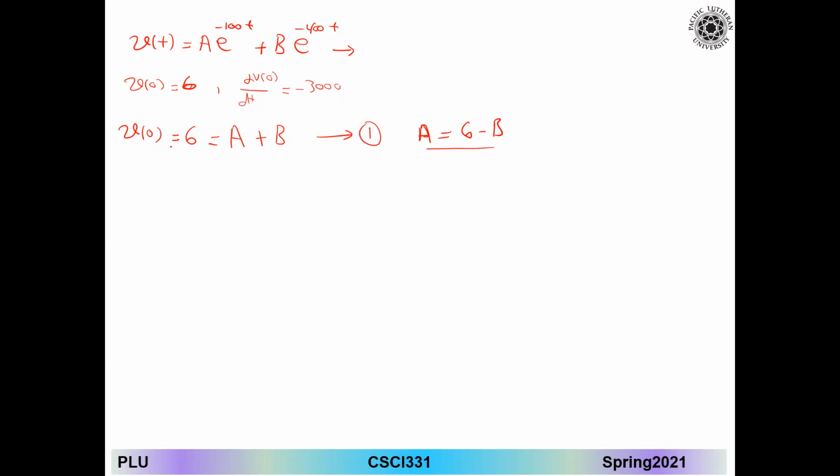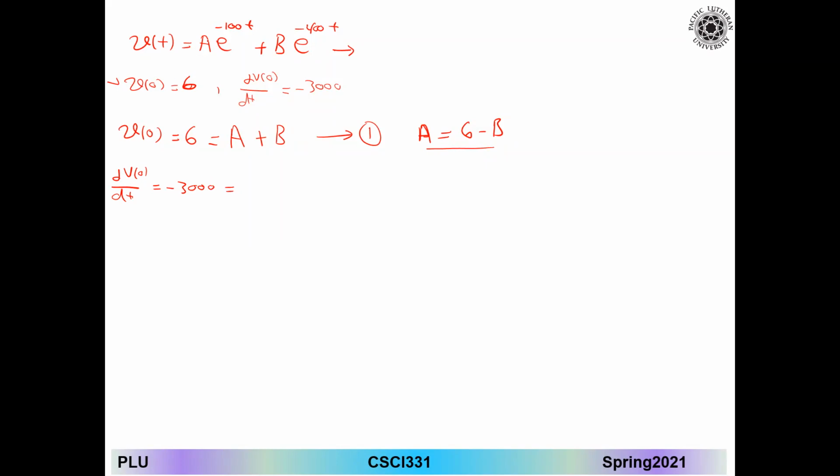Second one here, guys, I have this first one. I cannot find my values from one initial condition. That's why I need the second initial condition to find another equation. So my second equation is here, dv by dt at 0. That should be minus 30,000.